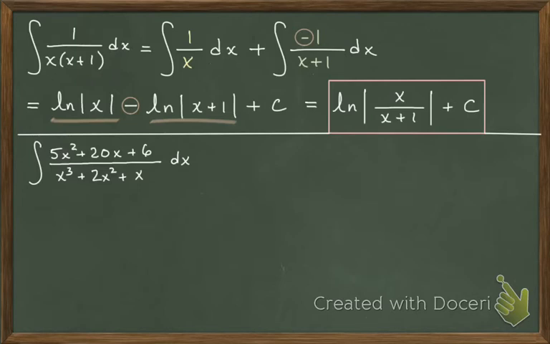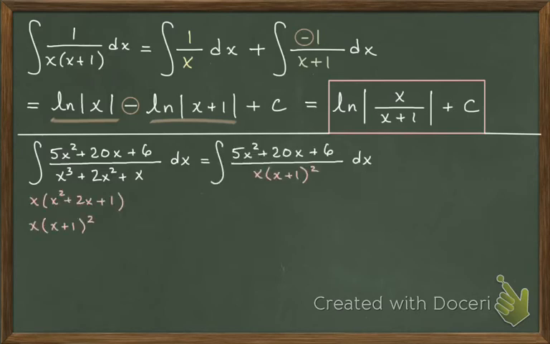So I'm going to factor the denominator. I see there's an x in common. So I factor that out, and then I notice what's left, x squared plus 2x plus 1, factors to x plus 1 squared. So my denominator I can write as x times x plus 1 quantity squared.